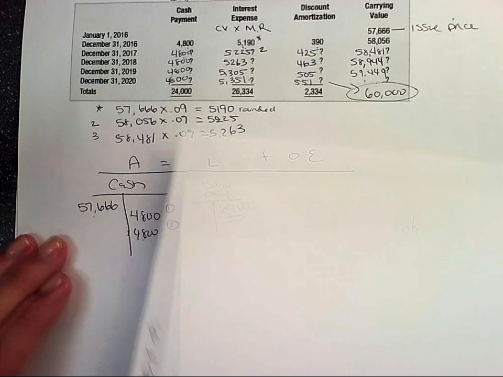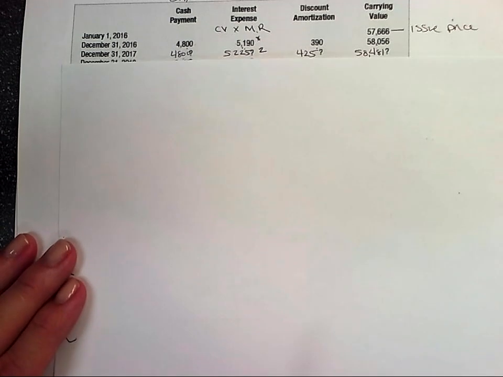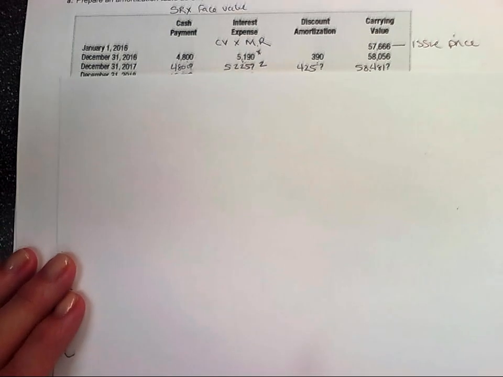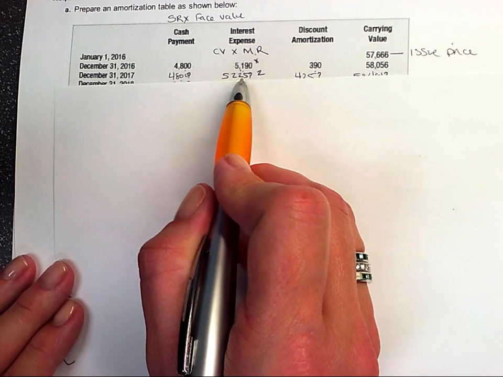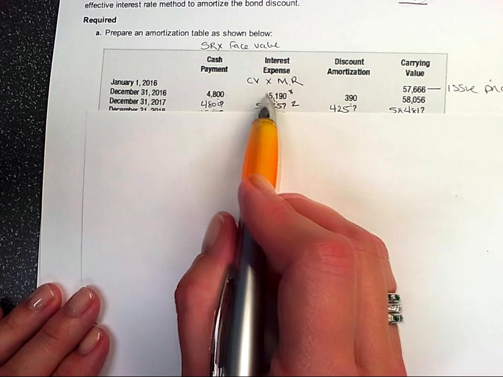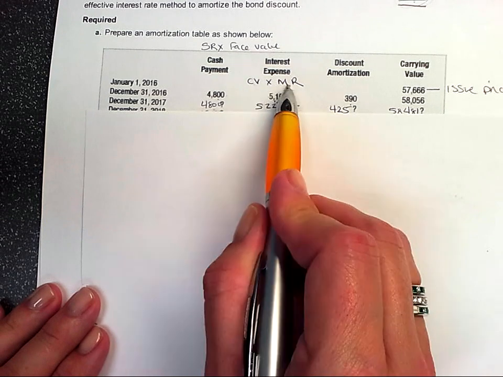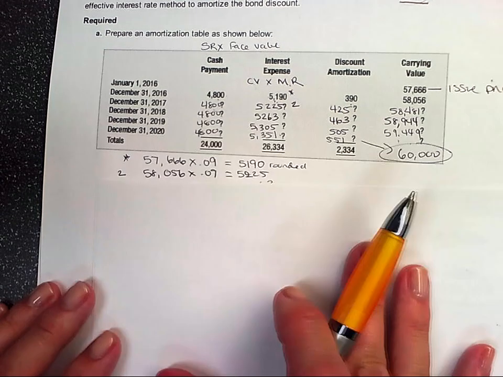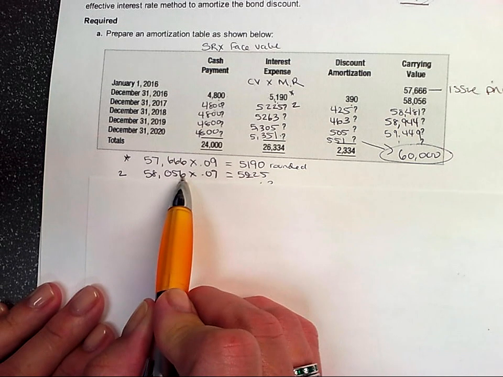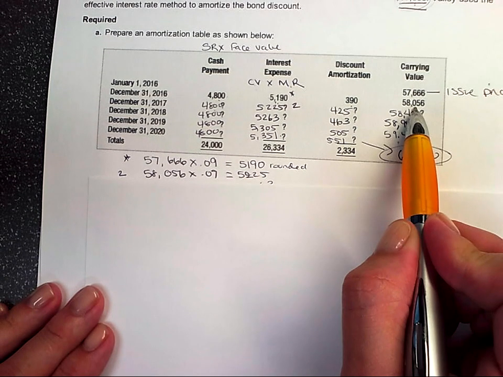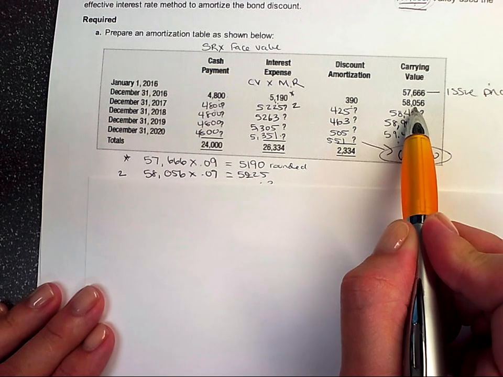In year two, looking at your bond, again, the cash will always be $4,800. And your interest expense will always be the carrying value times the market rate. So if you're looking at carrying value times the market rate, you can find it is $58,056, which is just taken from the end of the year's carrying value, the beginning of the next year's.